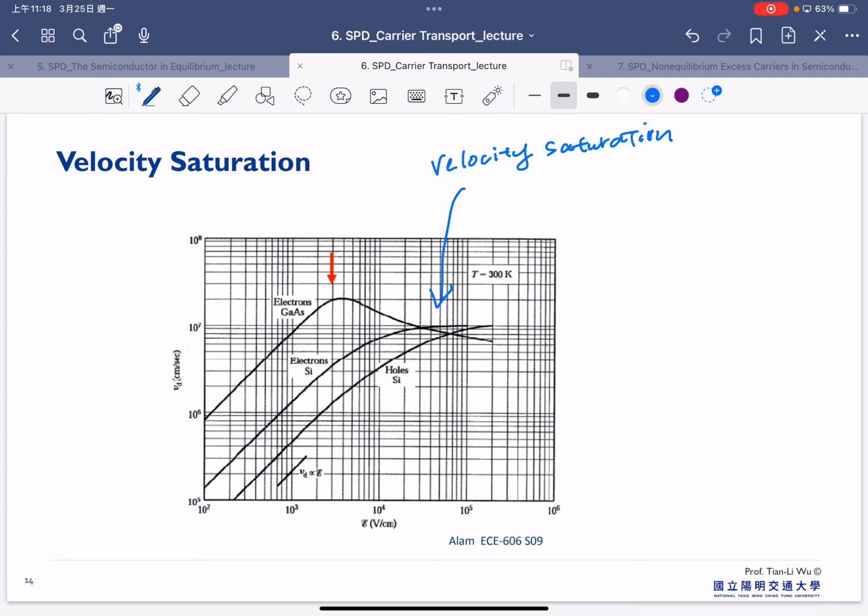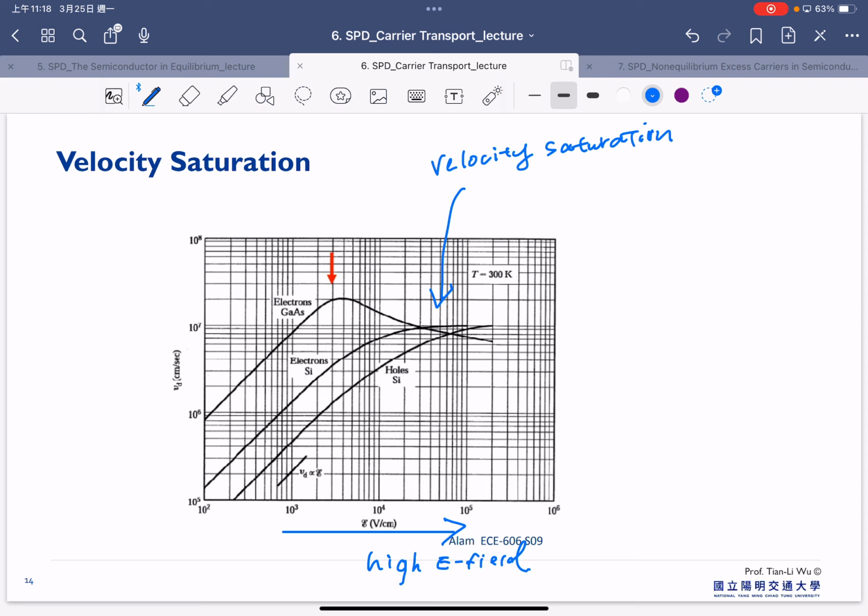And this is when we consider a very high electric field. Therefore, if your device is going to operate in a very high electric field, you need to find out whether the velocity saturation in the high electric field is good or not.